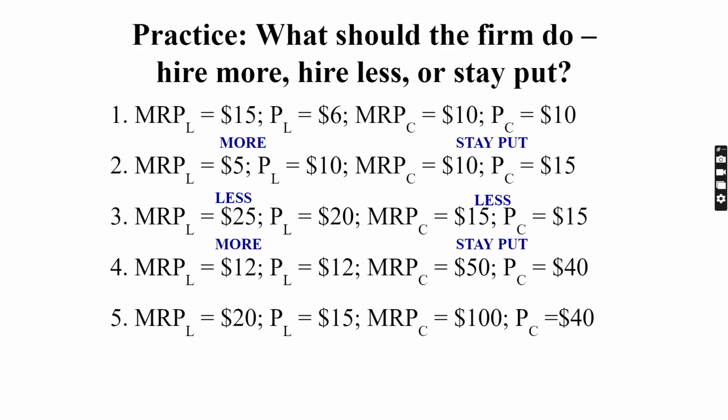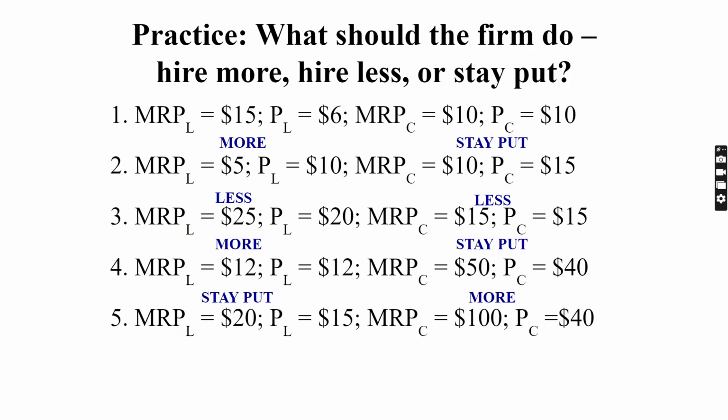Number 4, we have a marginal revenue product of labor, which is $12, and the price of labor, which is $12. 12 divided by 12 is 1, so this firm is maximizing profit with their quantity of labor. However, 50 divided by 40 is 1.25, which means this firm should probably hire more capital because they would benefit, right? The marginal product per dollar of capital is greater than 1.